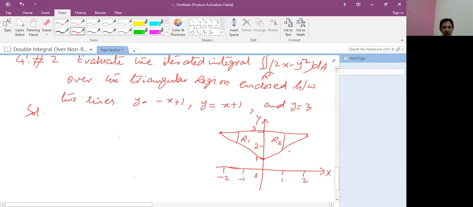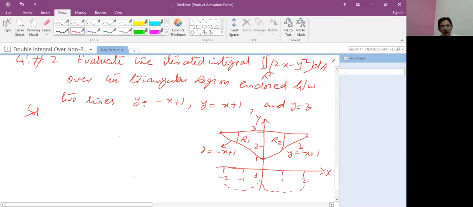The curve equation, it is y is equals to x plus 1 and y is equals to minus x plus 1, and the limit of x is minus 2 to 0, and the limit of x is 0 to 2. So these are the limits.